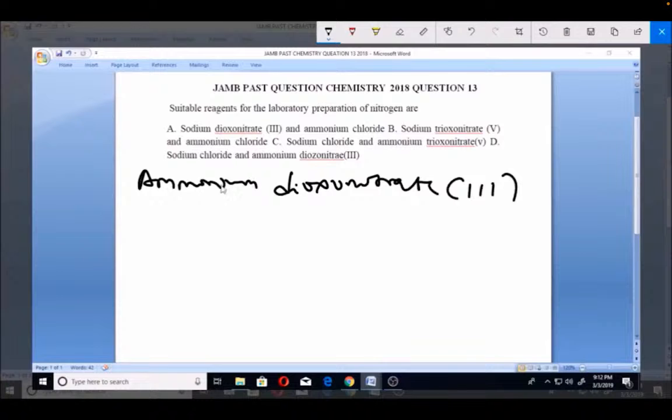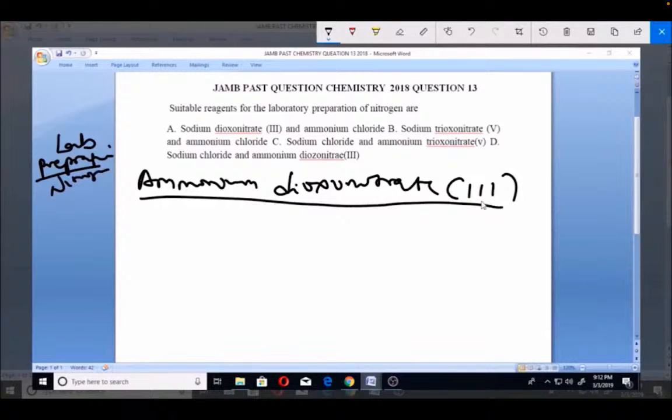So how do we come about this? Like I said, this is the laboratory preparation for nitrogen from ammonium dioxynitrate 3. But how does this happen?